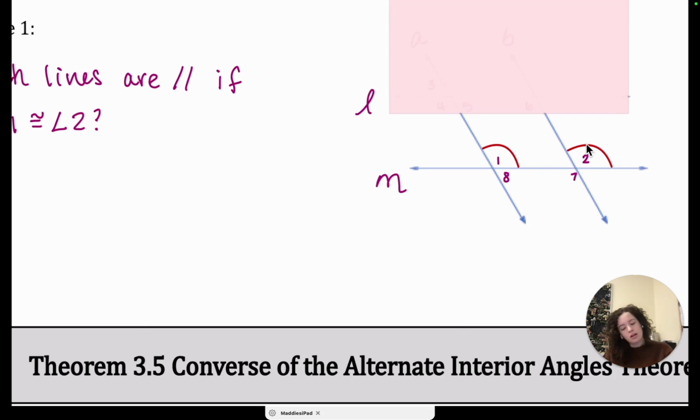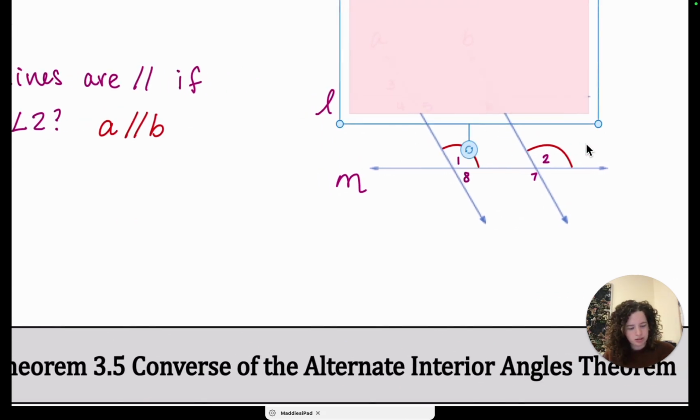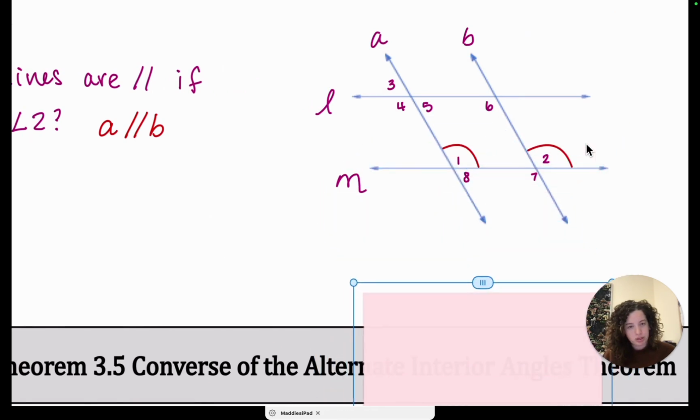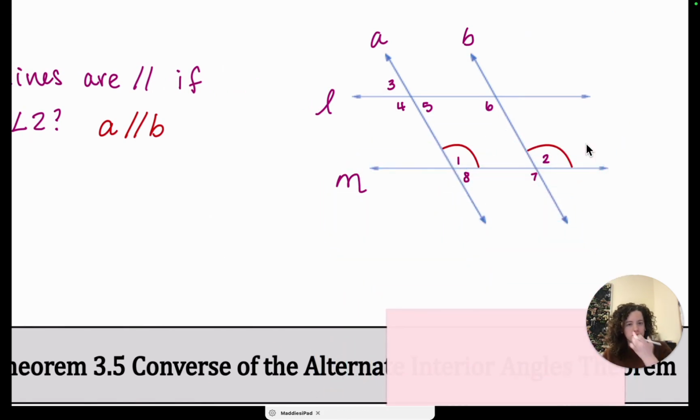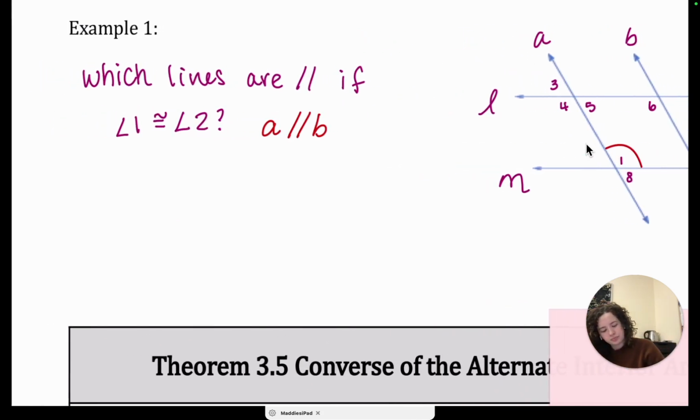So now we can see, oh, M is my transversal. So 1 and 2 have to be corresponding angles. So the lines that are parallel, A is parallel to B. Yes, do we all agree that if I moved the pink square, we would have A and B is what they're labeled? Yes, cool, awesome. All right, second one.